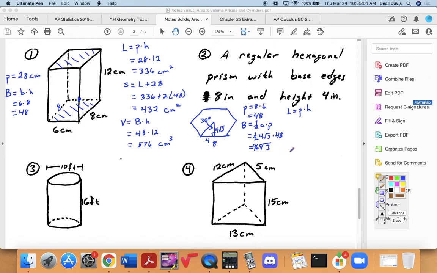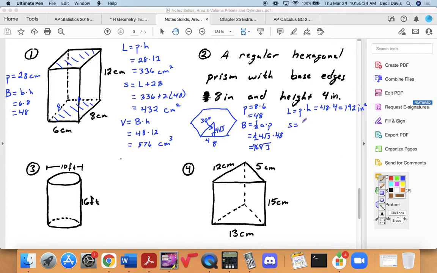It's the perimeter times the height. Okay? So that's going to be 48 times 8. Oh, times 4. My fault. See, it's 96. 192 square inches.